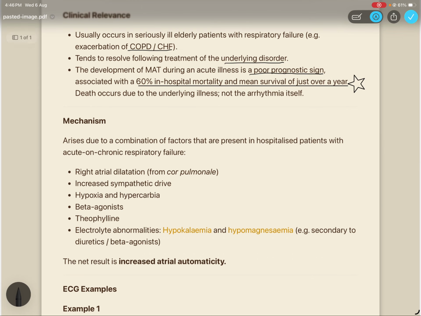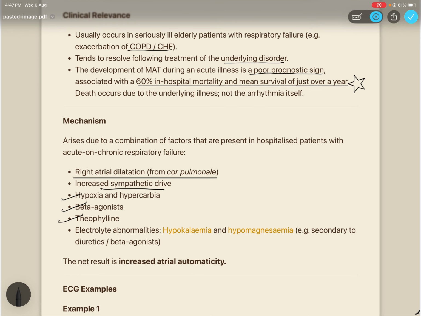The mechanism of MAT arises due to a combination of factors, which are basically right atrial dilatation, cor pulmonale which we saw in COPD patients, increased sympathetic drive, hypoxia, hypercarbia, beta agonists, theophylline. So these are some important points that you need to remember.